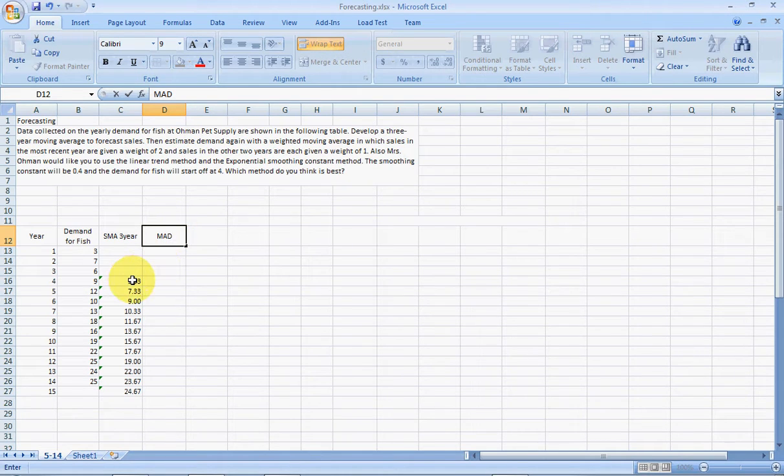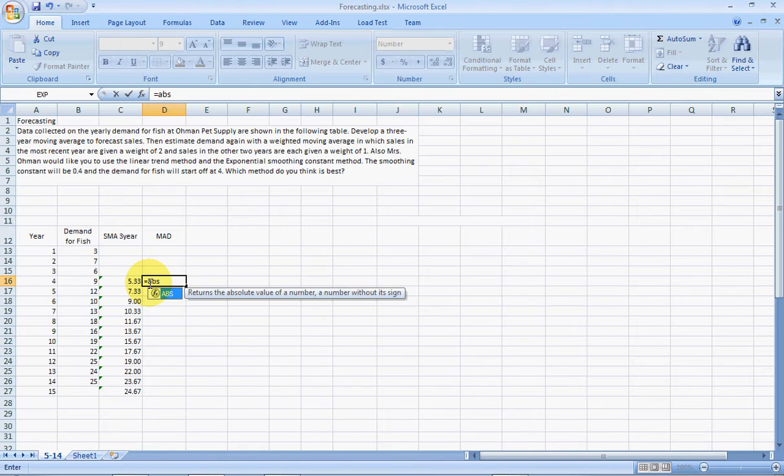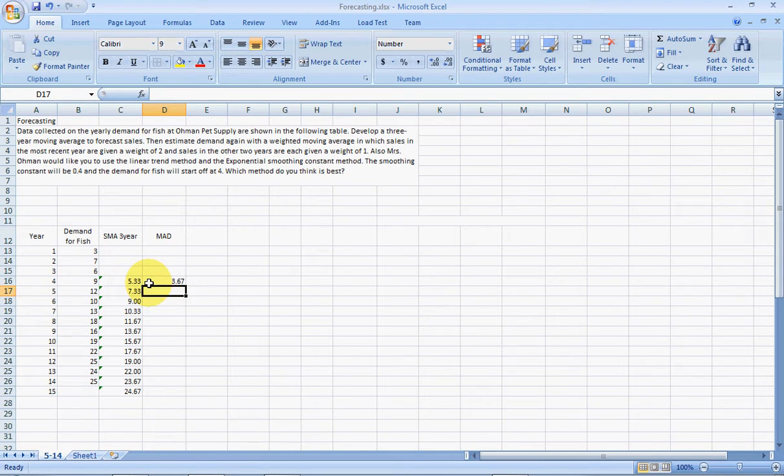So it's just the absolute value of the difference between what we predicted and what the actual demand was. So if we just do ABS, which is the absolute value, and it doesn't matter which way you do this, it's the actual minus what we predicted in SMA, or SMA minus the actual demand, and close it off.